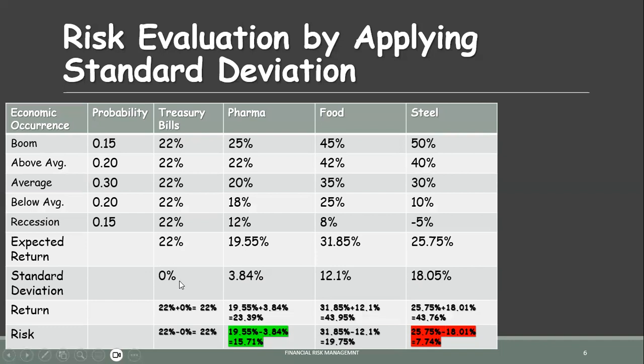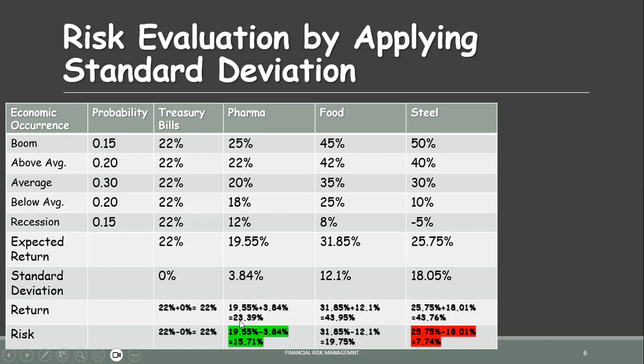For the treasury bills, the standard deviation is 0% because treasury bills are a risk-free investment. Pharma is 3.84%, food is 12.1%, and steel is 18.05%. So here we have the possible return. In case of a return, you will add the standard deviation figure. In case of a risk, you will subtract the standard deviation figure.